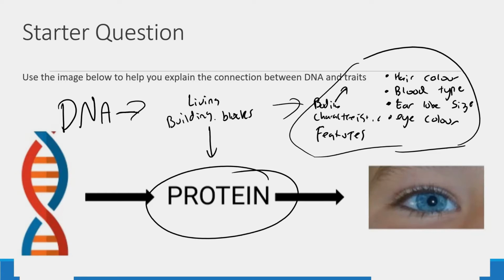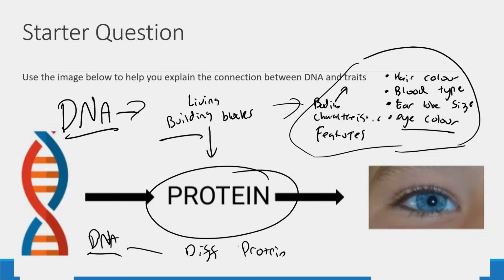If you have blue eyes, then that's one DNA telling one protein to make blue eyes. But if you've got different DNA, you might get a different protein, and that might lead to brown eyes instead of blue eyes. So knowing this chain is relatively important.